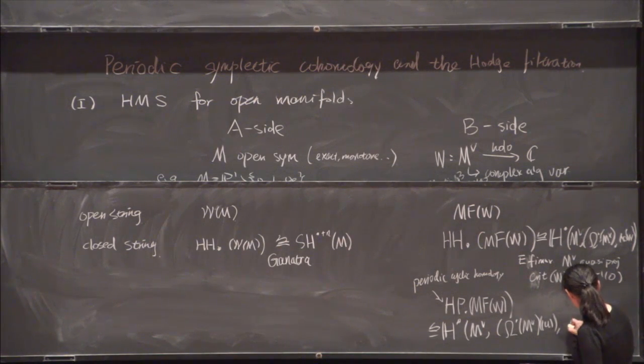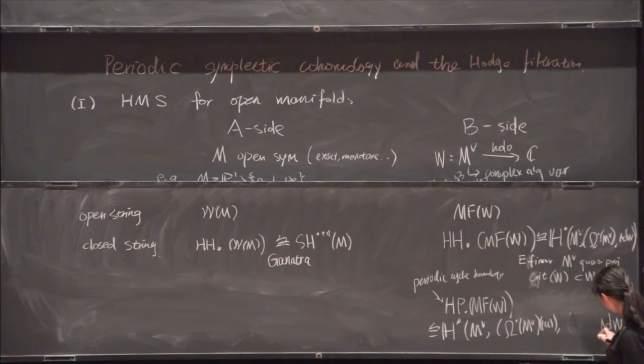One is given by the original twisting differential, dW. The other one is u times the de Rham differential.